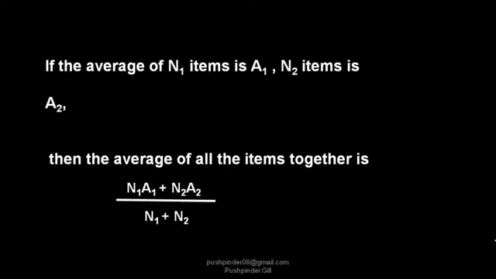You know what, I have this habit of going much further than usual. So if the average of n1 items is a1 and the average of n2 items is a2, then the average of all the items together is (n1a1 plus n2a2) divided by (n1 plus n2), right? So that's not enough. Let's go ahead and tamper with that.